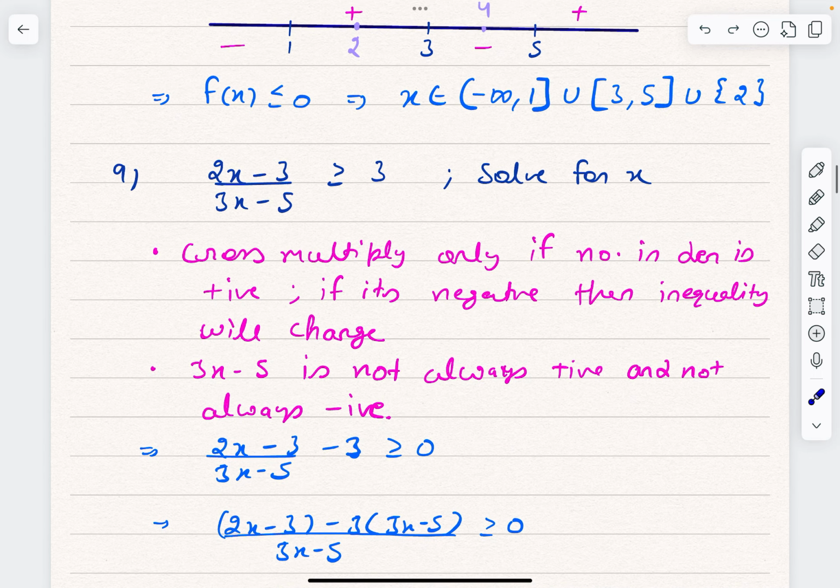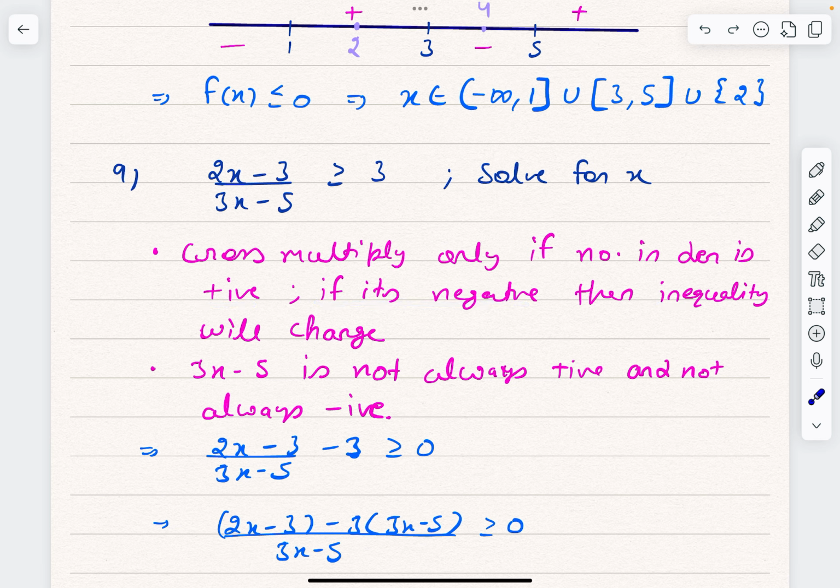See, whenever you have this kind of problem, just keep one thing in your mind. Cross multiply only if the number in the denominator is positive. If it is negative, then the inequality will change.